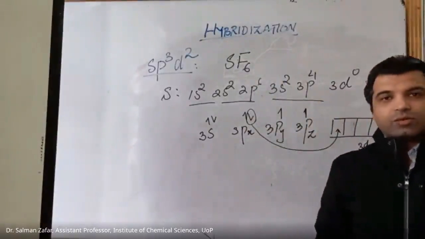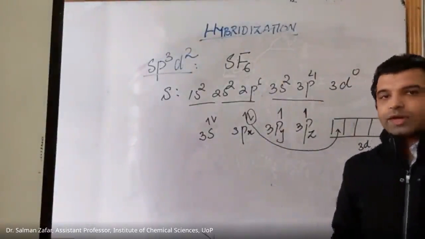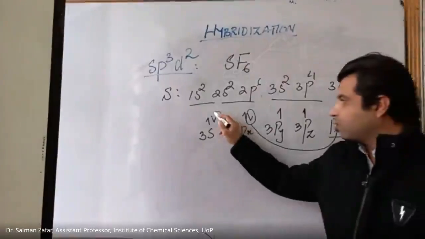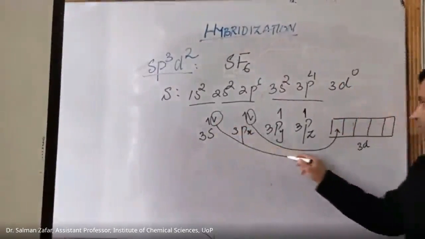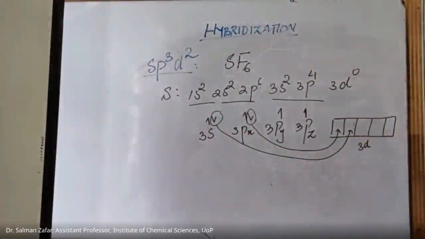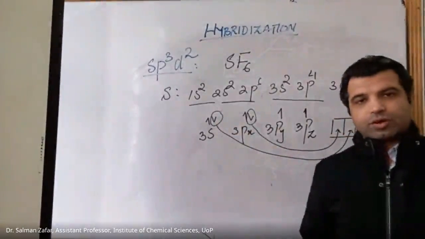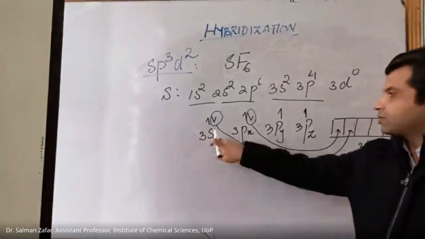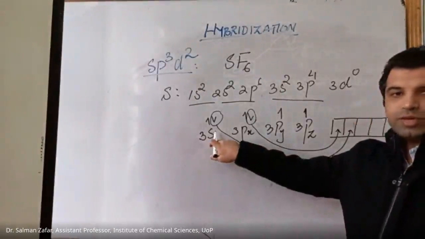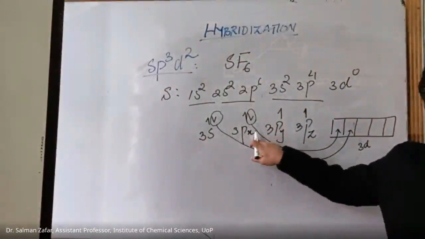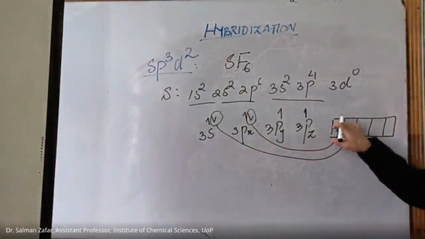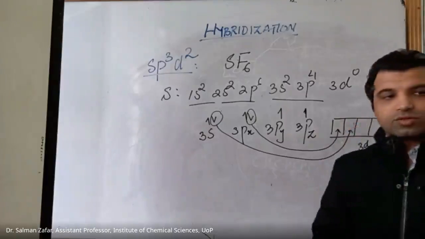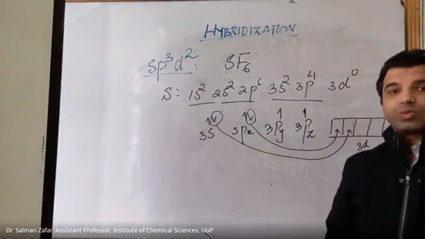It means that we need 2 more unpaired electrons. So you can see here, we have another pair in the 3s orbital that could be excited into another 3d orbital. So this electron in the 3s will be left unpaired, single. These 2 are already unpaired, and we have single electrons in the 2 3d orbitals as well.